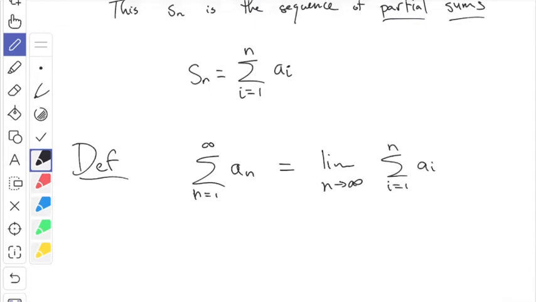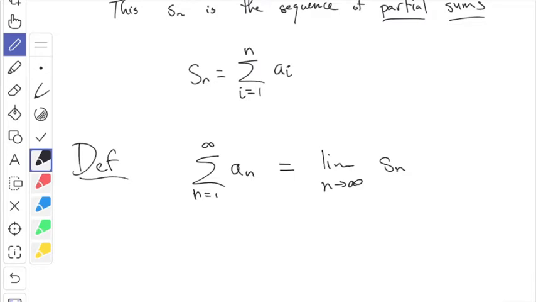Of Si. What? This is totally bogus. There should be no sum here. Actually, what I just wrote was correct, it's not what I meant to write, though. This is what I wanted to write: the limit as n goes to infinity of Sn.